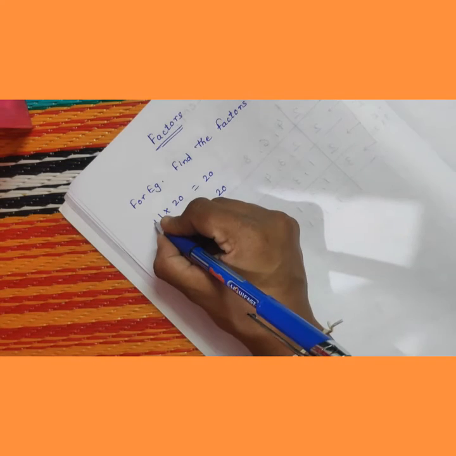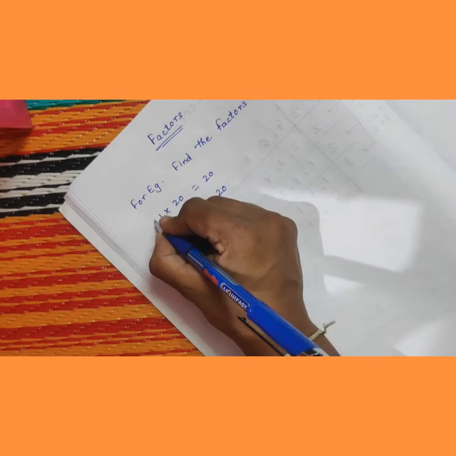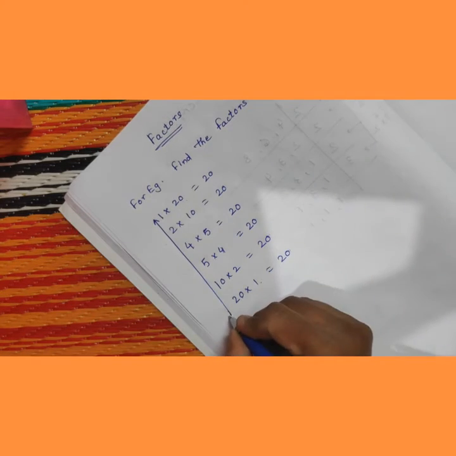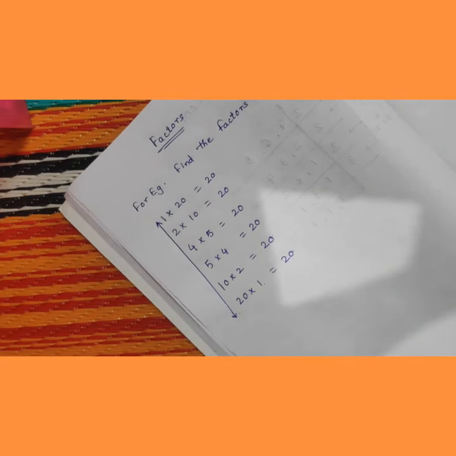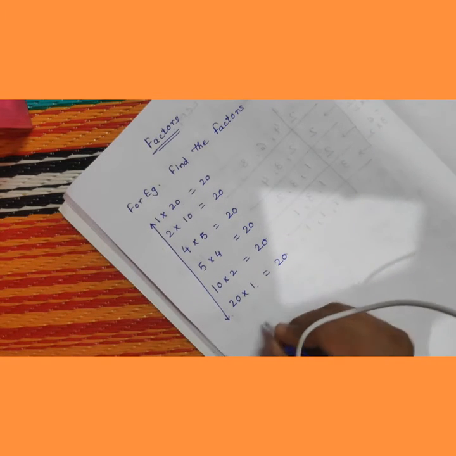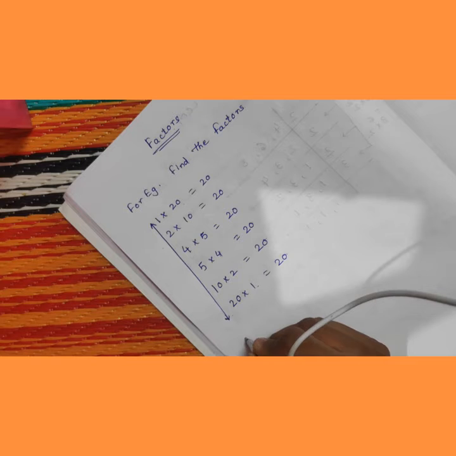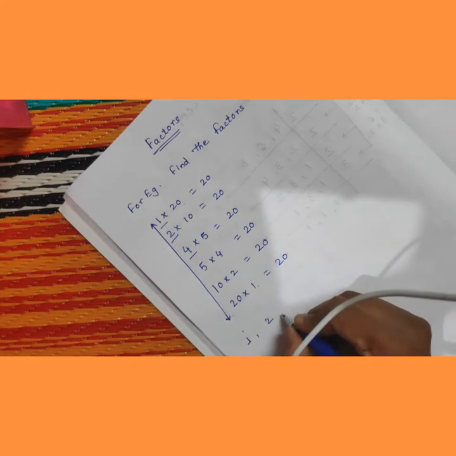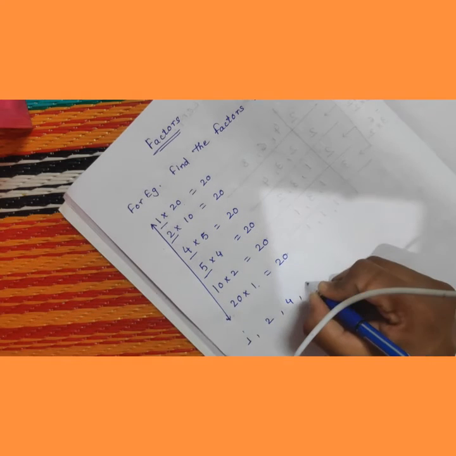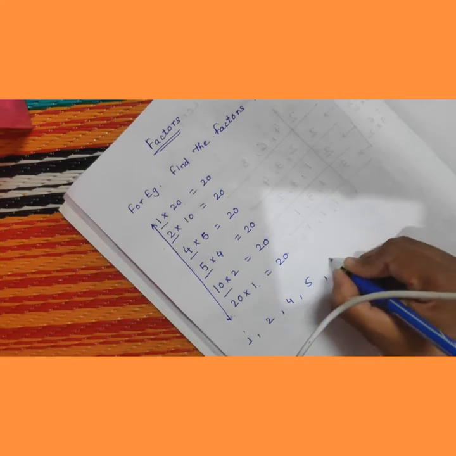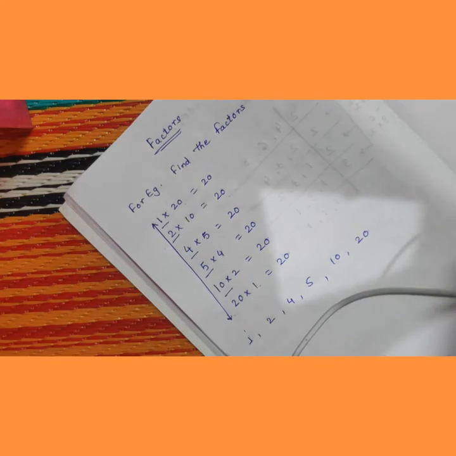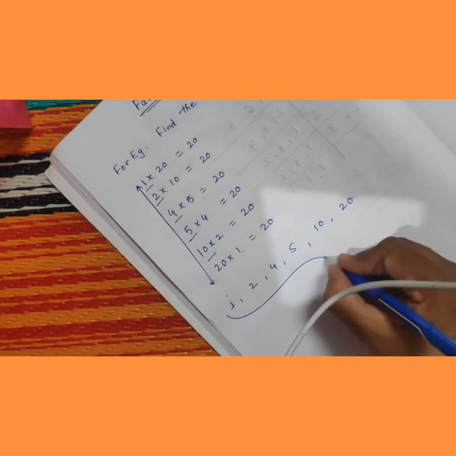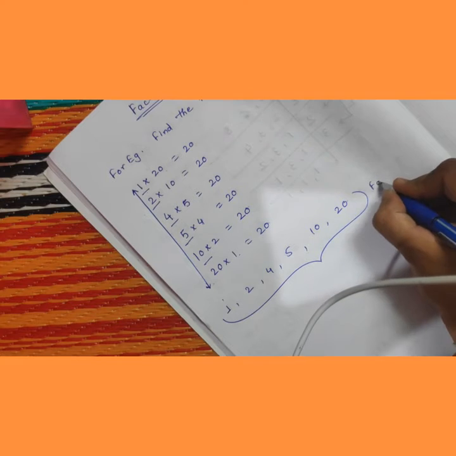Now we will arrange them in ascending order. So 1, 2, 4, 5, 10 and 20. These are the factors of 20.